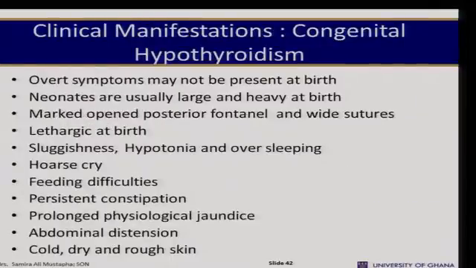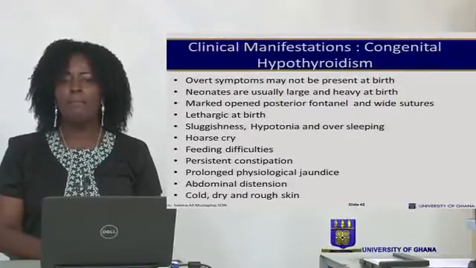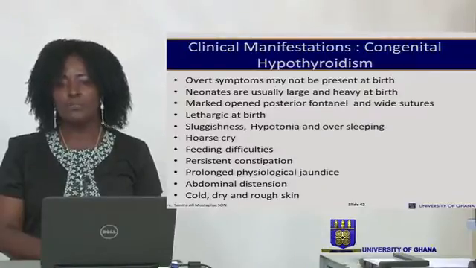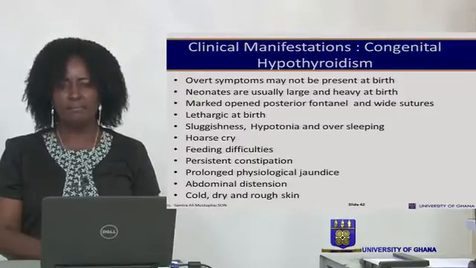Clinical manifestations. Overt symptoms may not be present at birth. I've said that already. And we are saying that some children may exhibit some symptoms. Examples are a marked open posterior fontanelle and wide sutures. The child may be weak and lethargic at birth, sluggish, and the muscle tone may be very weak, resulting in hypothermia.